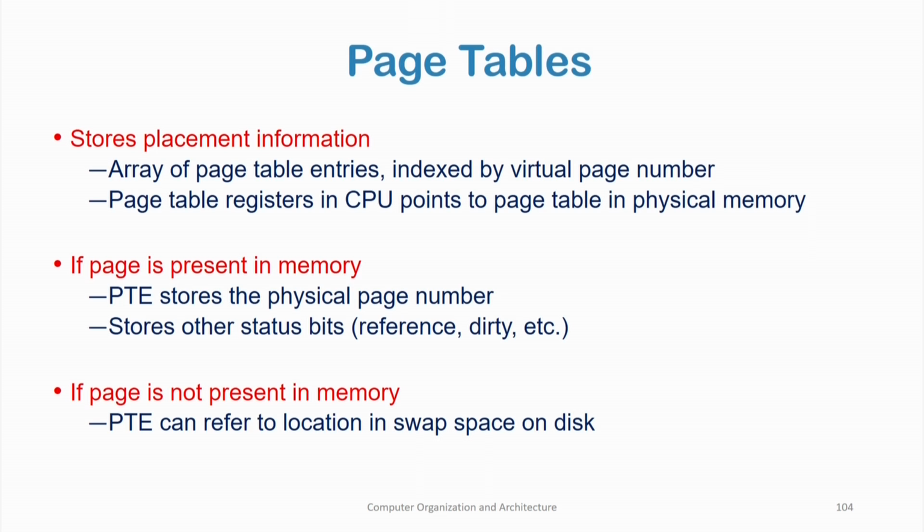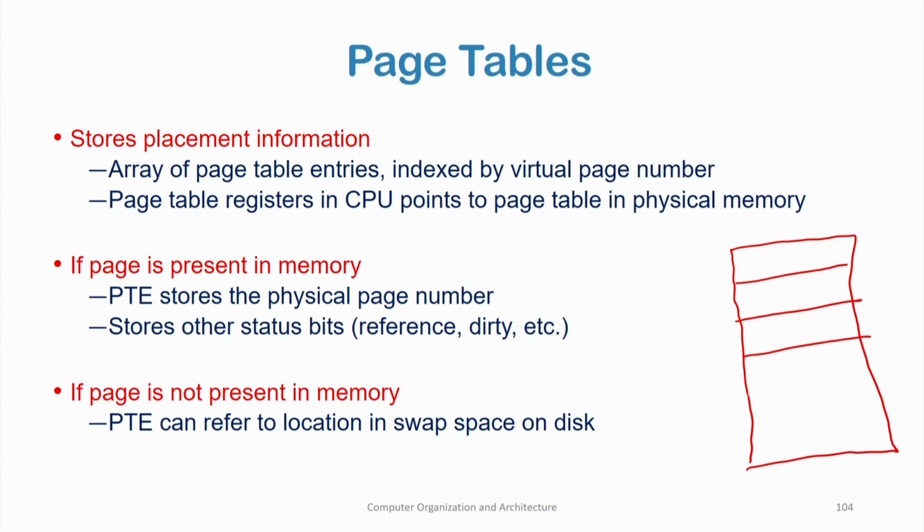For each process, I will have a page table. This page table will have entries for each virtual page, so virtual page number 0, 1, 2, 3, 4. Corresponding to each virtual page, the page table will contain the corresponding physical page frame number.